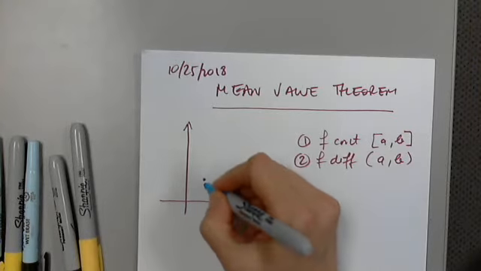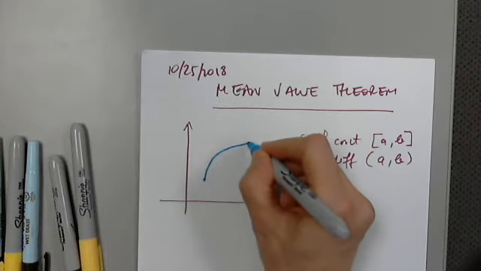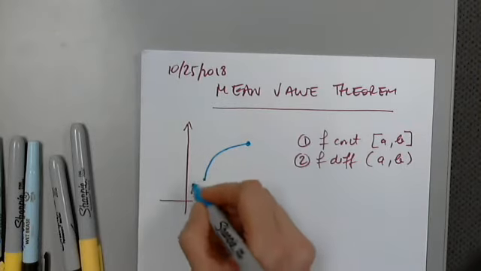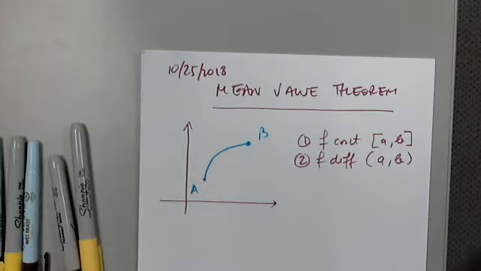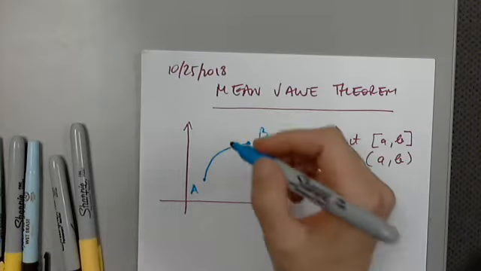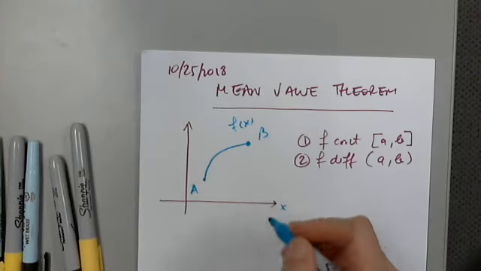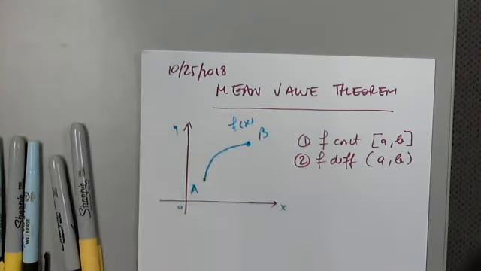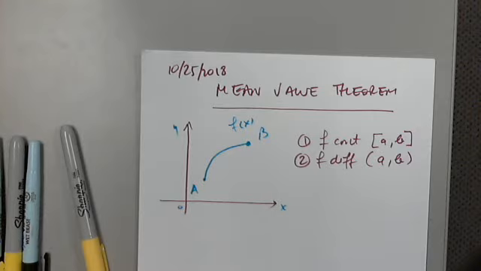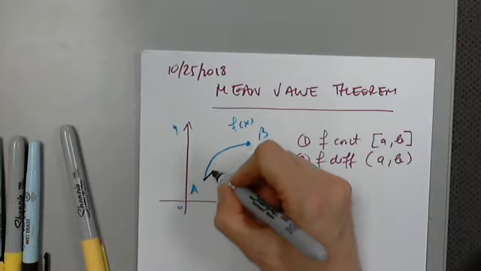Let's say we have a point here, and let's say we have another point here. This is point A and this is point B. And this is function f of x, of course. I'm going to draw the line segment AB.